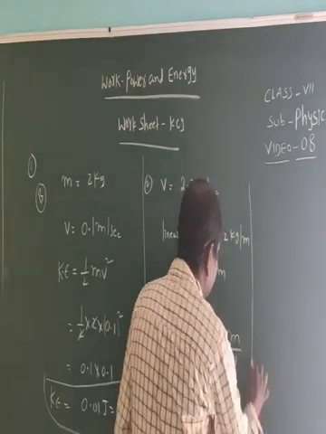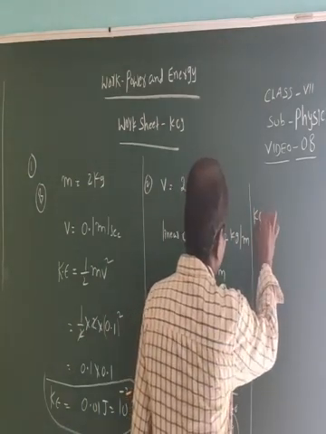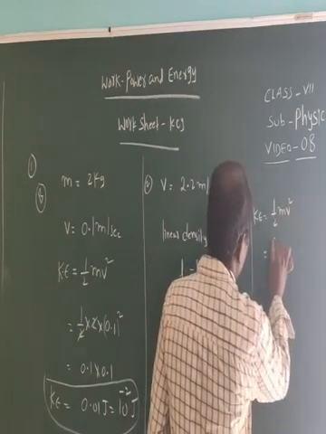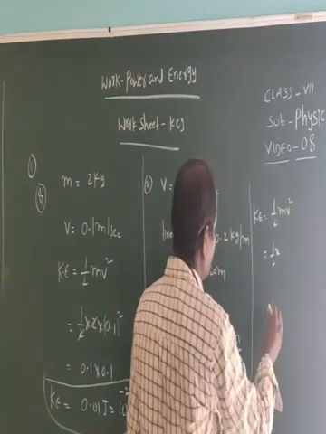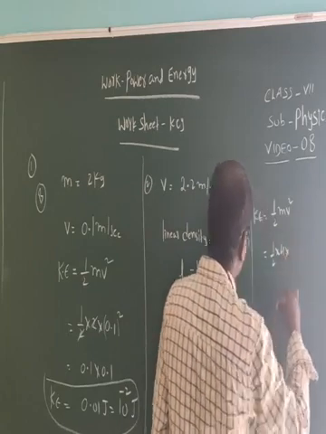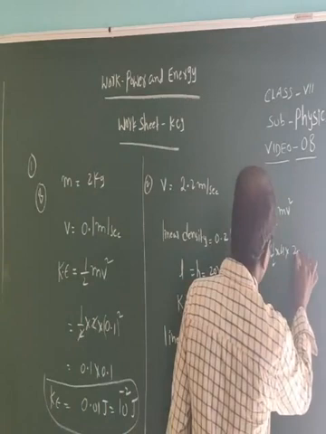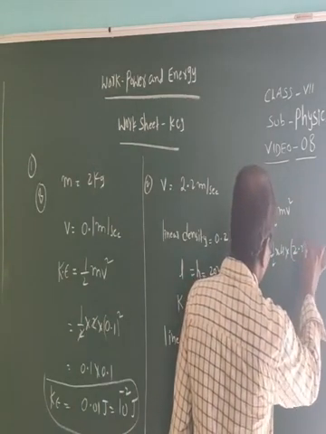Now we will find the K value. So K equal to half into m into v square. Half into 4 into velocity 2.2 whole square.